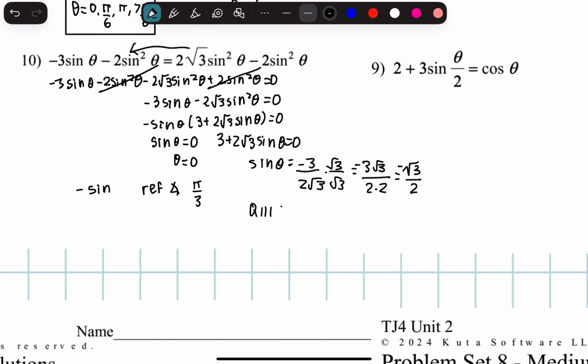Theta in quarter 3 is going to be 4 pi over 3, and also theta in quarter 4 is going to be 5 pi over 3. So now you can write all the solutions. Oh, also, don't forget about pi here too. So theta is going to be equal to 0, and also pi, and also 4 pi over 3, and also 5 pi over 3.